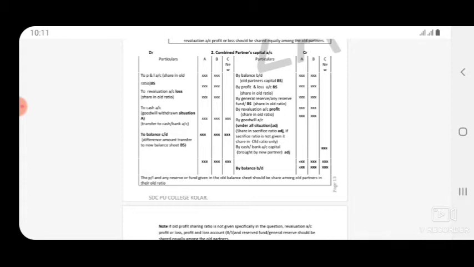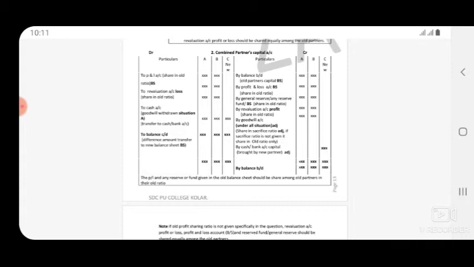Then the revaluation account profit, if you get profit, on the credit side. Next, goodwill: we have to share it among the old partners in the sacrifice ratio. In the absence of a sacrifice ratio, you can take the old ratio itself to share the goodwill amount.